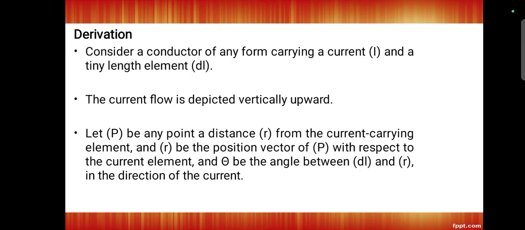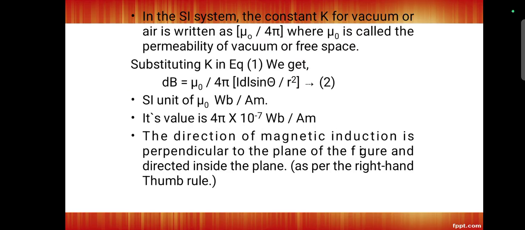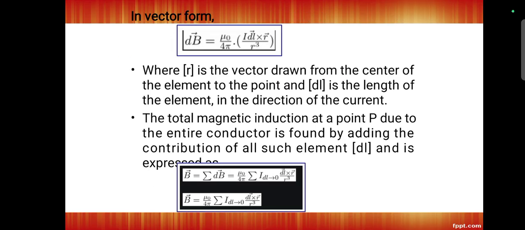So the derivation states the magnetic field at any point P at a distance r from the current carrying element. This is given in this diagram. dB equal to K into I dl sin theta divided by r square, and dB equal to mu naught divided by 4 pi into I dl sin theta divided by r square.